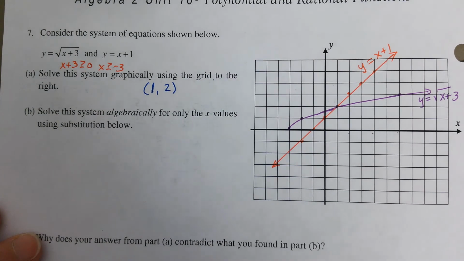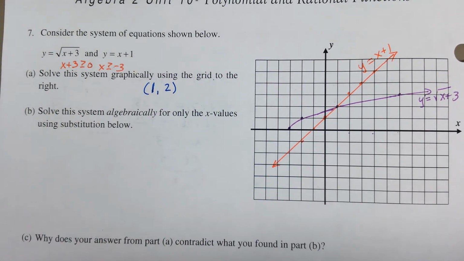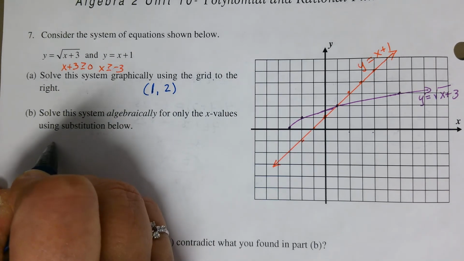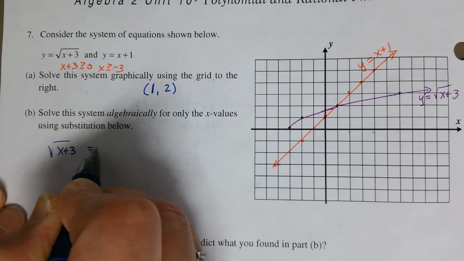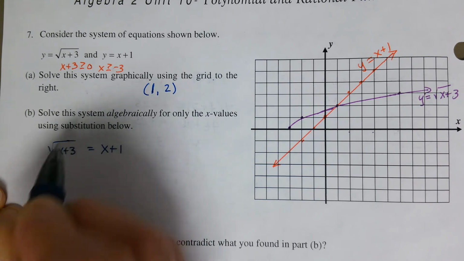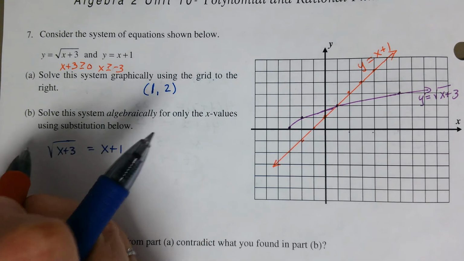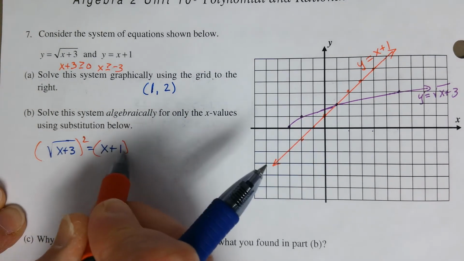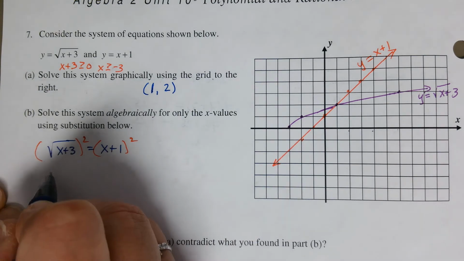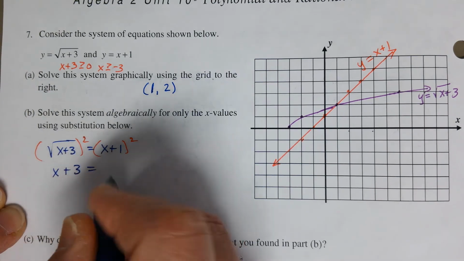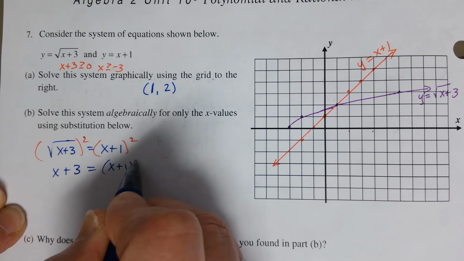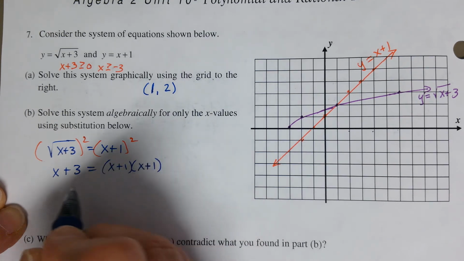Now, solving algebraically, we'll set the two equal to each other and solve for x. Square both sides to get rid of the square root. x plus 3 equals x plus 1 times x plus 1.